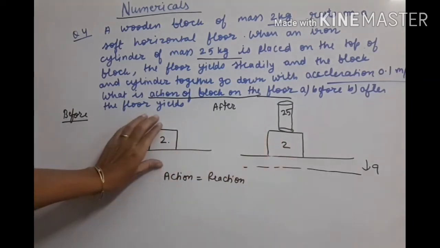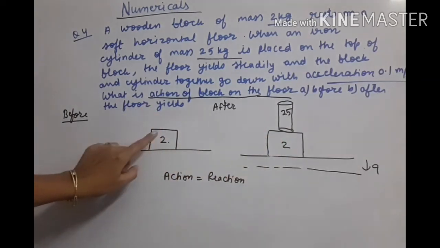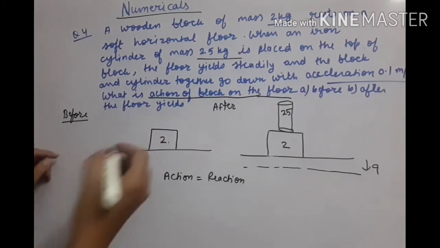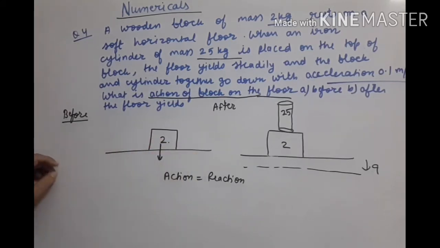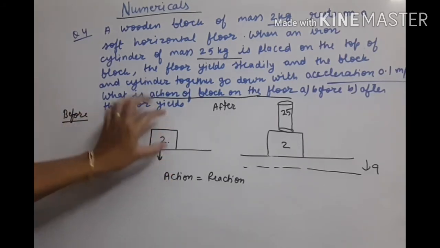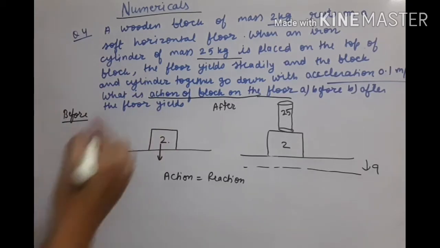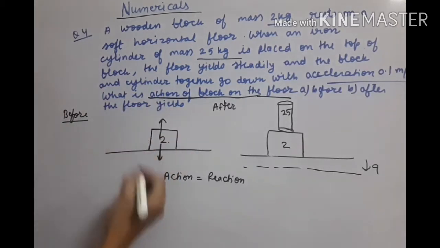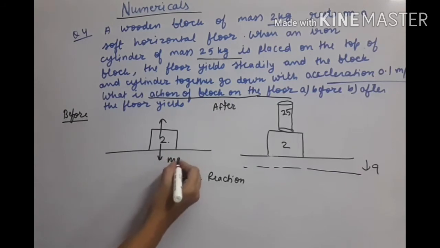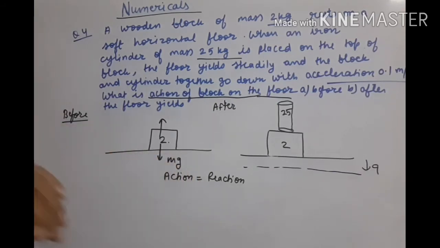Now let us solve this case first. We have to solve what is the action by the block on the floor. What is the action force? Now action force is actually equal to reaction, so let us solve the reaction. We already know that weight mg is directly the action here.